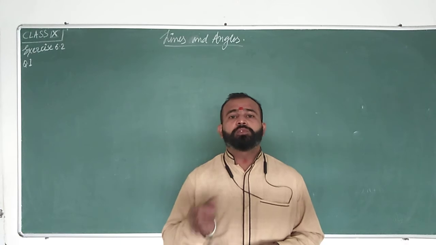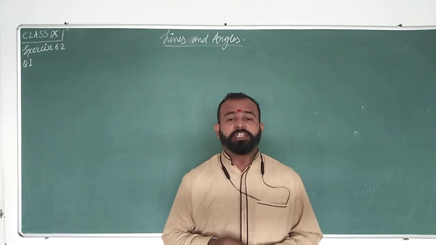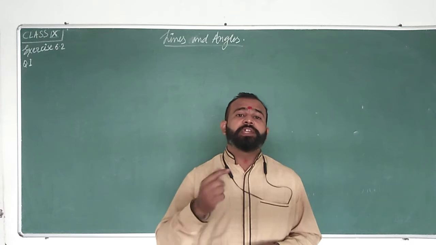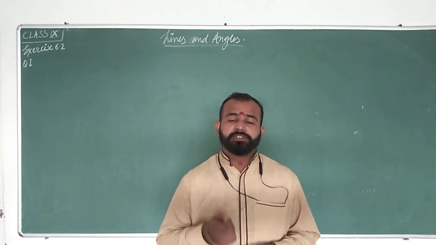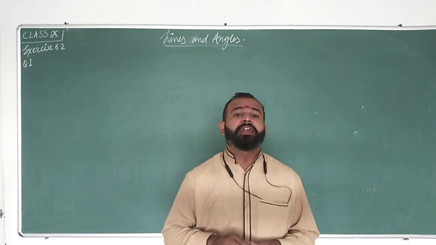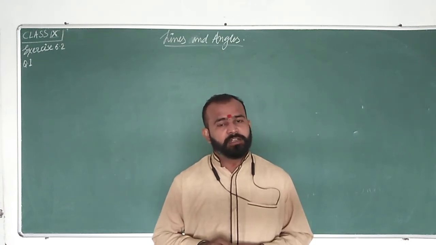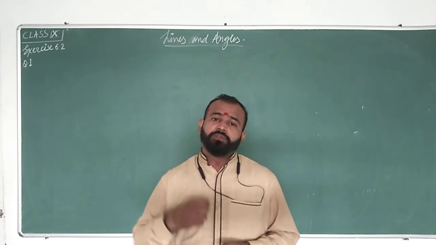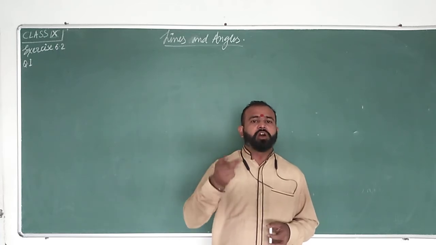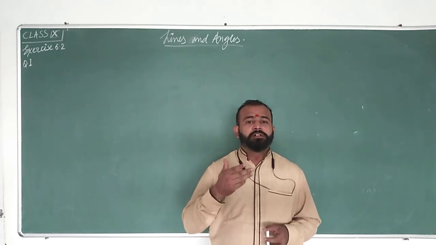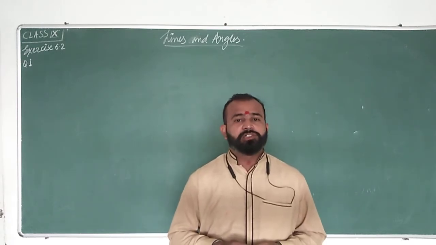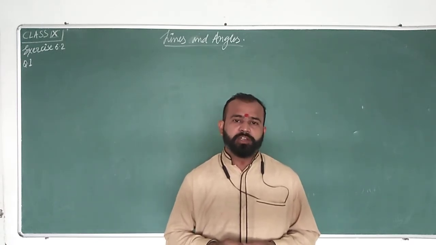We also proved its converse: whenever the co-interior angles are supplementary, then the given lines are always parallel to each other. So now, with the help of these two axioms, that is the converse, and the remaining theorems, we will solve exercise number 6.2.